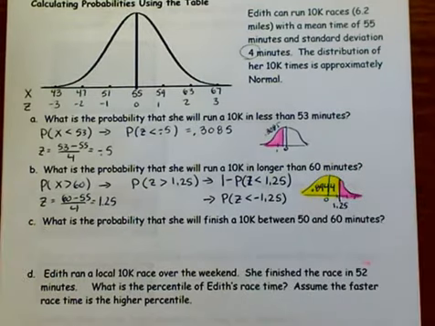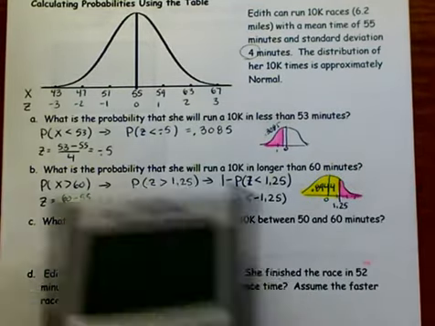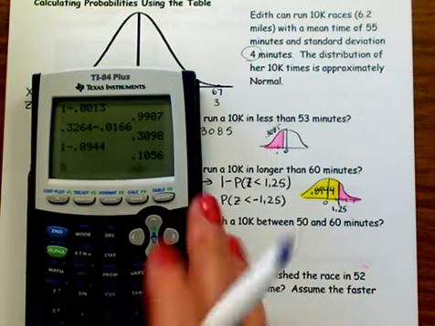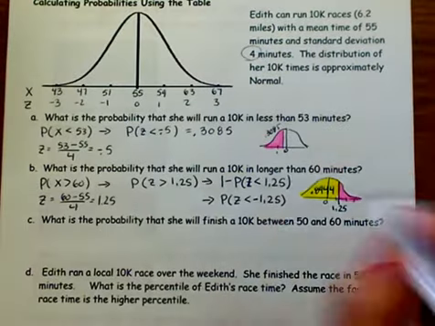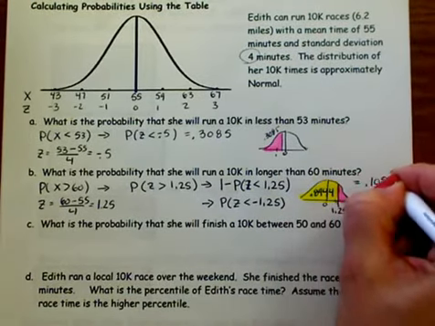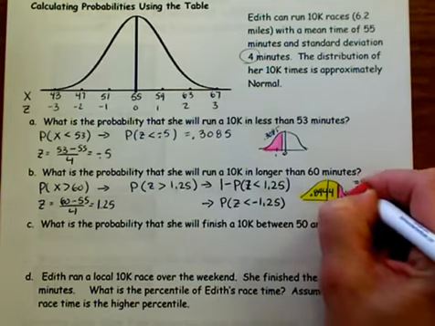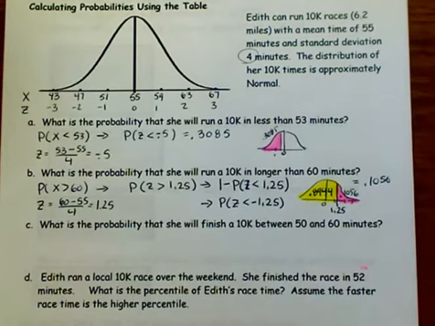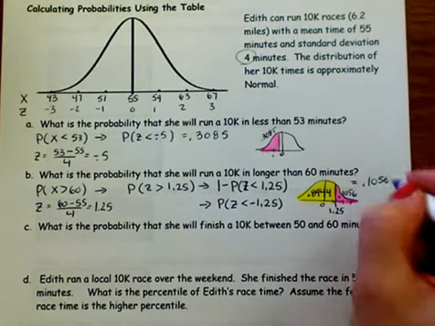Which means that 1 minus 0.8944, we should get 0.1056. Now I'm going to go to the chart and look up the negative z-score and see if I actually get the same result here.